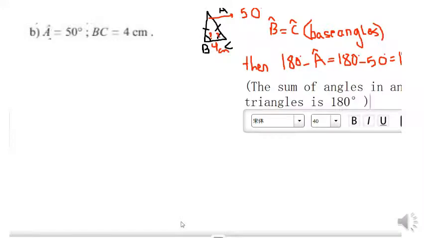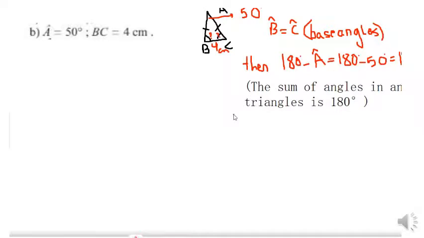Okay. Now, can you find the measure of angle B and C? Yes. So, angle B is equal to angle C, the base angles. They are equal to, what to do? 180 minus angle A divided by 2.